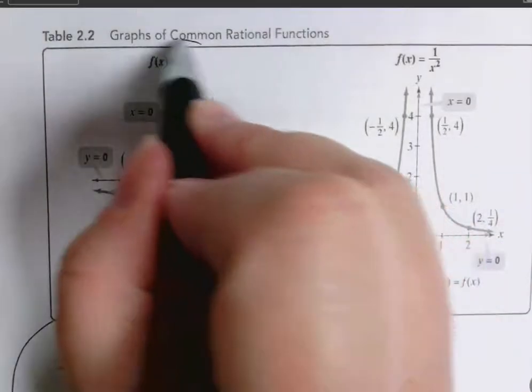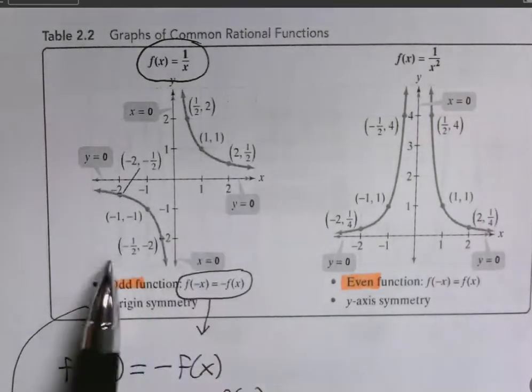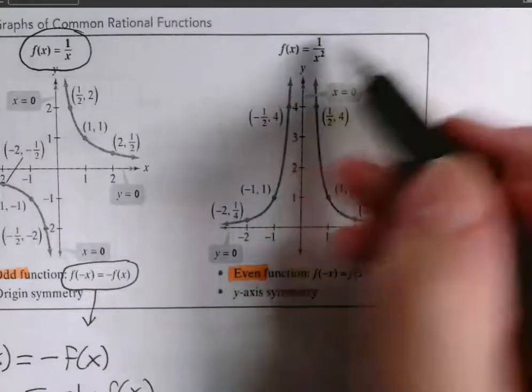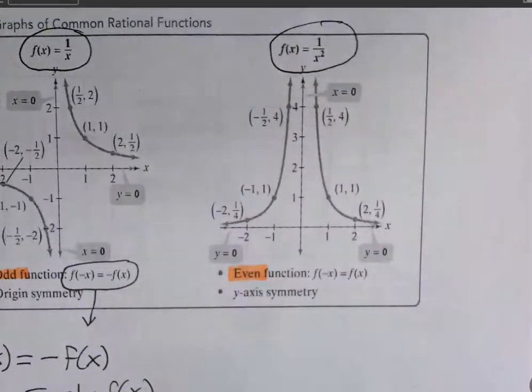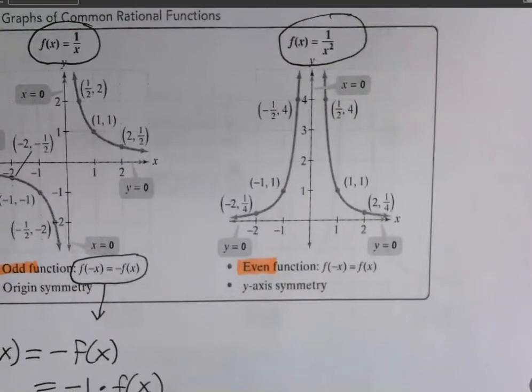Notice that this is one of the parent functions we use a lot with rational functions, 1 over x, and so there's that parent function graphed for us. Here's another parent function we use a lot, 1 over x squared. This one is an even function. Even functions are symmetrical across the y-axis.